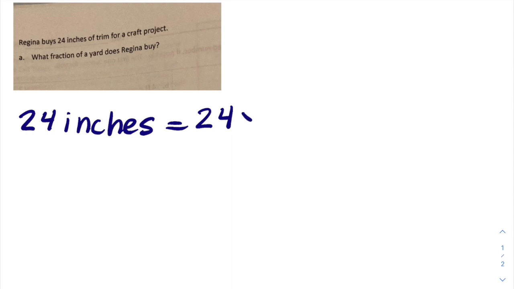So doing it in the same way we did the problems before, we have 24 inches is equal to 24 times 1 inch. We know that 1 inch is 1/12 of a foot.